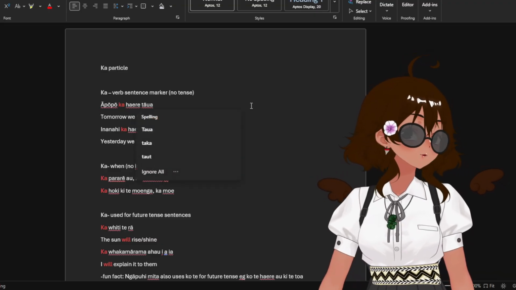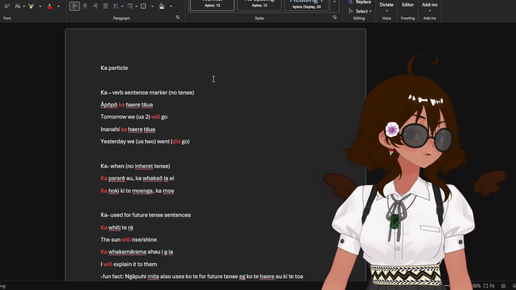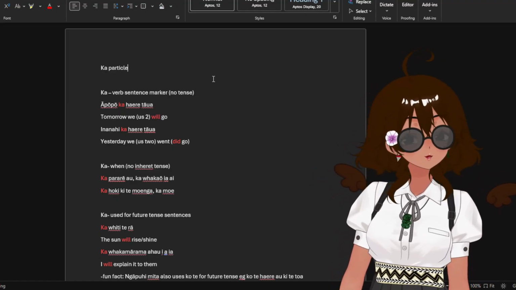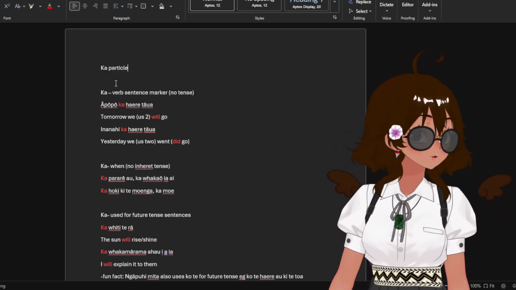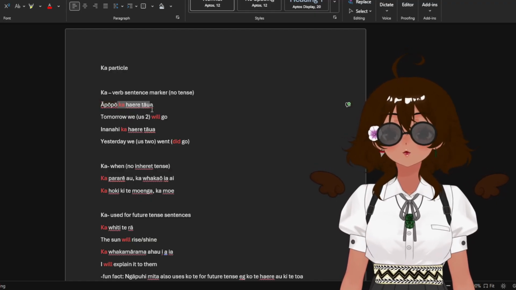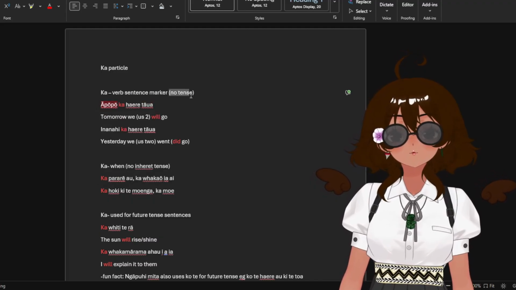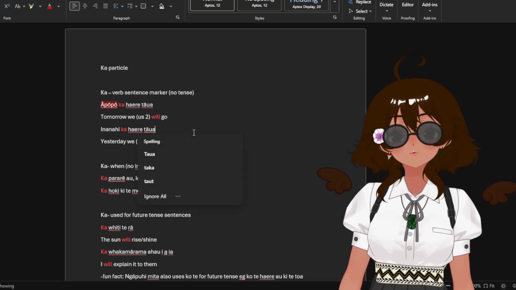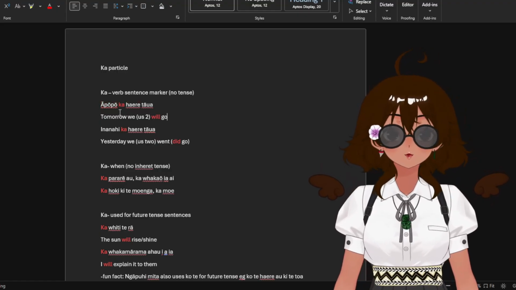They're like, yeah, ka for future, kaite for present, e for past. And I'm like, no. That's so overly simplified, it actually is insulting to me. But anyways, the first usage is merely to mark a sentence as being a verb sentence. Which means, as it inherently has no tense, you use context to make the tense.